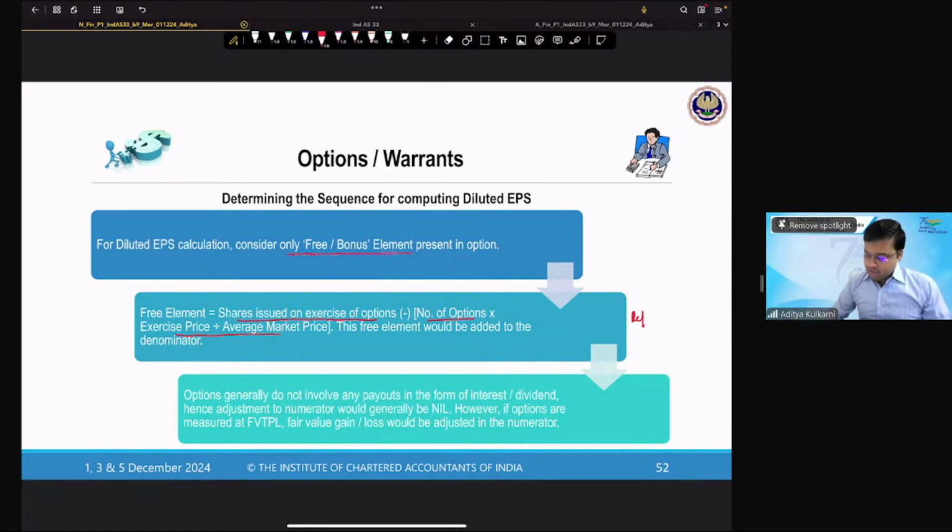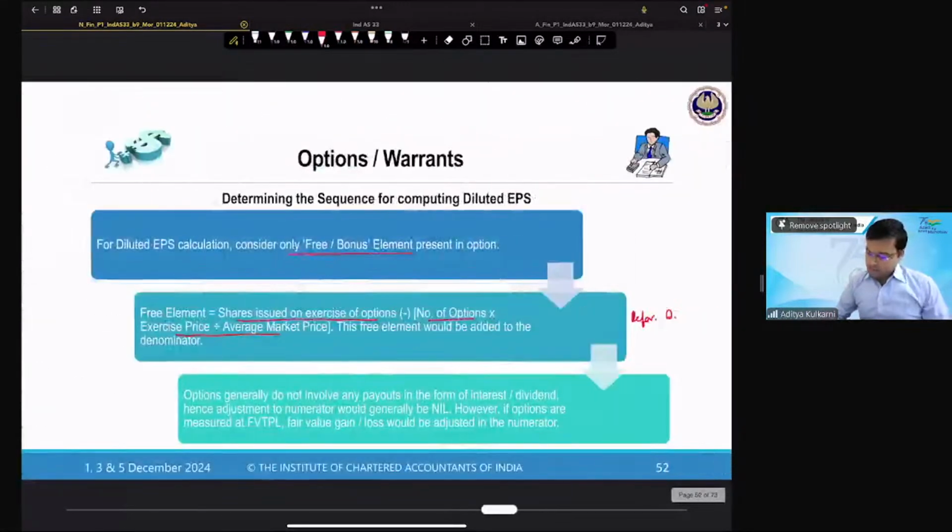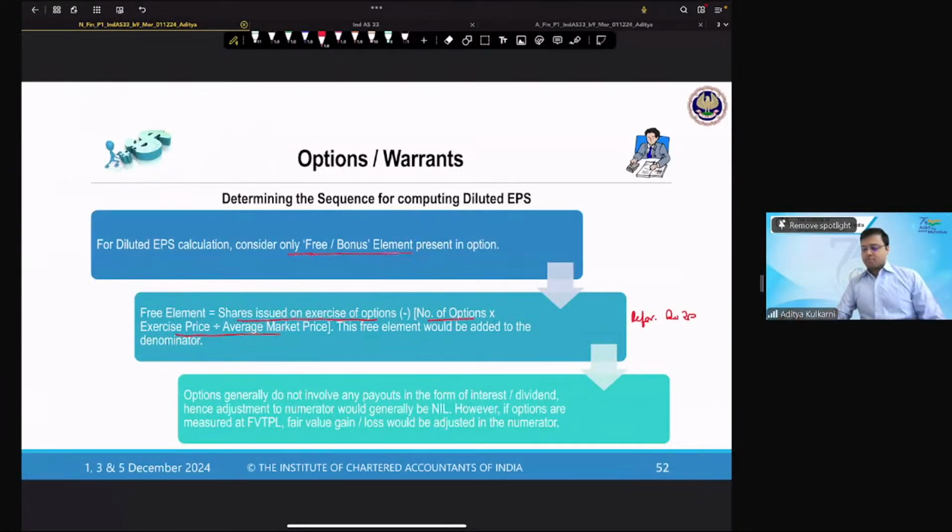Refer question 20. Options generally do not involve any payouts in the form of interest or dividend, and therefore adjustment to numerator would generally be nil.